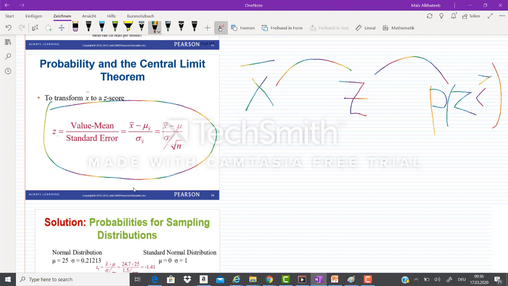I will use this theorem, transferring from x bar by this formula: z equals x bar minus mu x bar over sigma x bar, which is x bar minus mu over sigma over the root of n. Then from z to the probability, and then I can use the table again. How we will use it, we will see in a later part next time, inshallah.